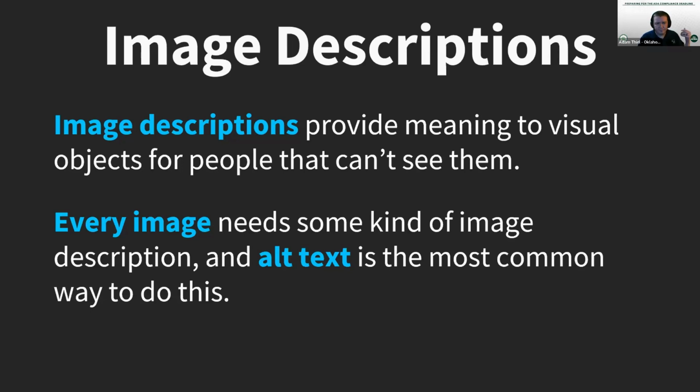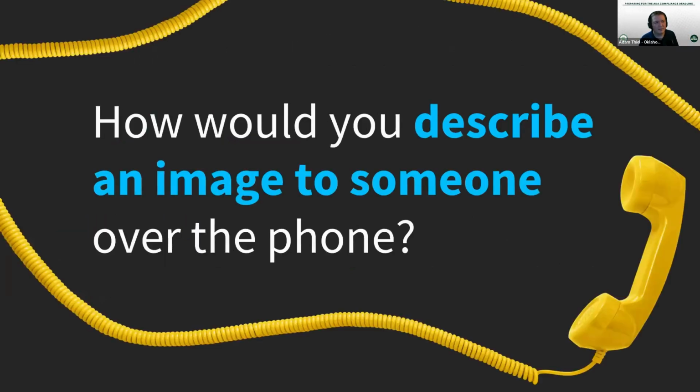But some of the questions we get most of the time are, okay, I know I need to write alt text, but what do I write? How do I describe this image? And we always tell folks that it's like the old game of telephone, right? How would you describe the image to somebody over the phone?